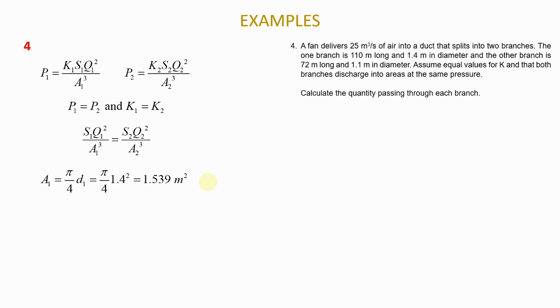So we apply pi over 4 multiplied by D1 squared, where D1 is 1.4. You use your calculator and you will find that the cross section of the first branch is 1.539 square meters.